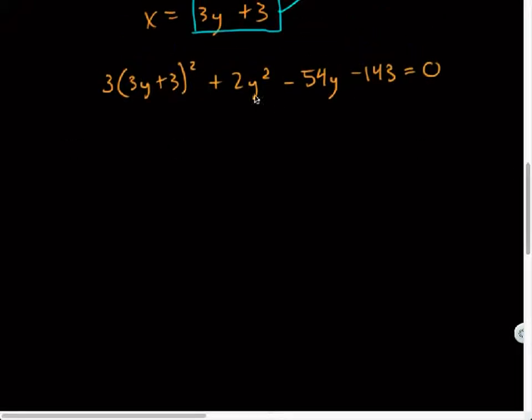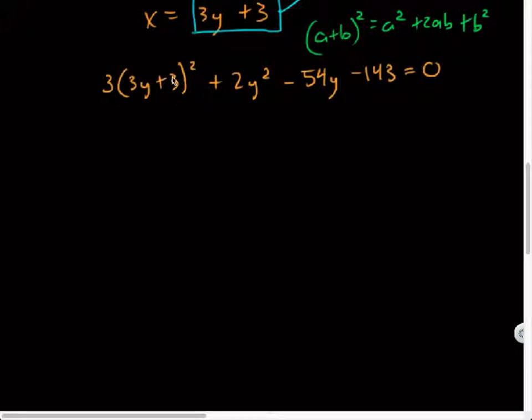Guys, you might need to expand this out. Do you remember the pattern for that? Yeah, so I'm going to use this pattern where A is the 3y and B is the 3, and just plug it in. It would be super illegal if you tried to distribute a square over addition. We would cry about that all night.